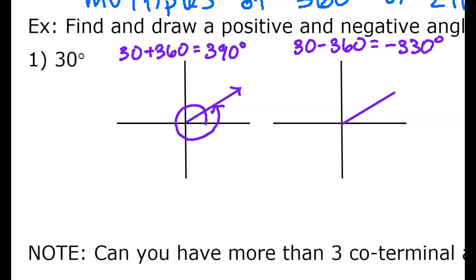But instead of just drawing the 30-degree angle, we're going negative 330, meaning we're now going clockwise. We're starting on the same positive x-axis, but we're now rotating clockwise around our coordinate plane to our terminal side.